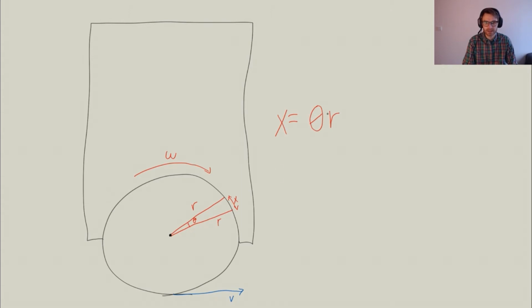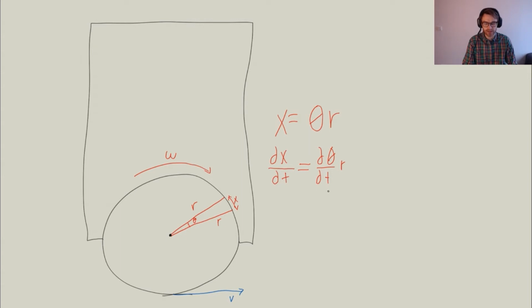Now if we take the derivative of both sides with respect to time, we get the derivative of displacement x, or distance, and then the derivative of the angle times just the radius, because the radius is constant.